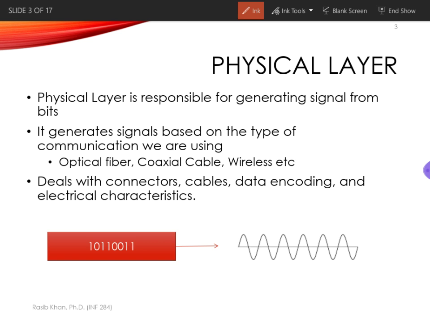The physical media in consideration in the physical layer could be optical fiber, coaxial cable, wireless media, etc. And no matter which form of media you're using, all of these would be facilitating the transfer of binary bits through some form of encoding and electrical characteristics. And then again, on the other end, the electrical signals would be decoded into the binary bits.